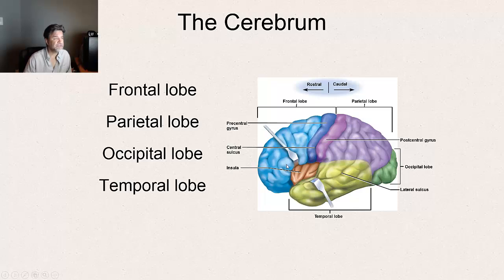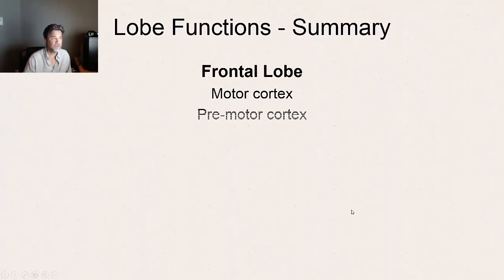There are other aspects in here. There's a major language area that we'll talk about as well. And then there's this area that's going to be devoted to the motor functions. And we'll talk again more details about each of those. So the frontal lobe has the motor cortex, an area called an association area, which is what forms the premotor cortex.